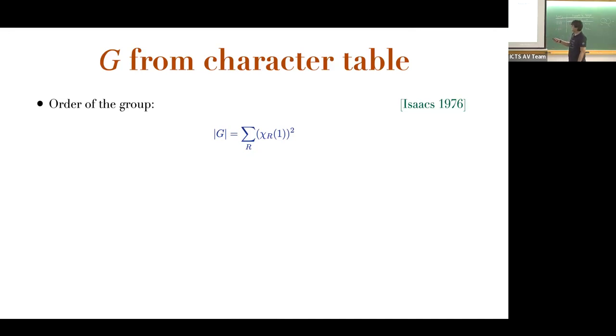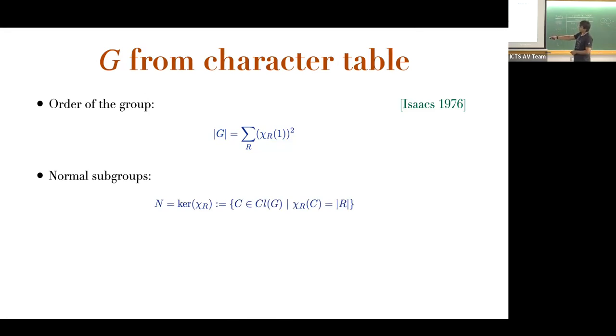If we know the character table, and if I label the rows by representations and columns by conjugacy classes, and I sum over the first row, then I will get the order of the group. This is how we can reconstruct the order of the group starting from the character table. I will go through an explicit example of this in the next slide.